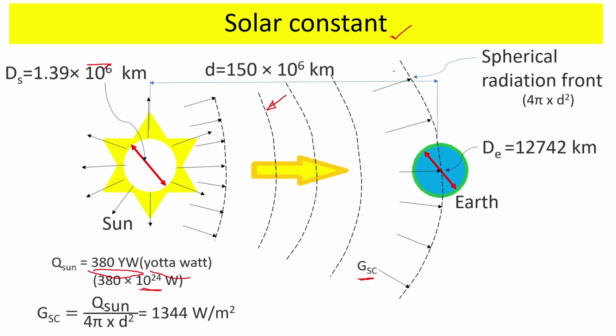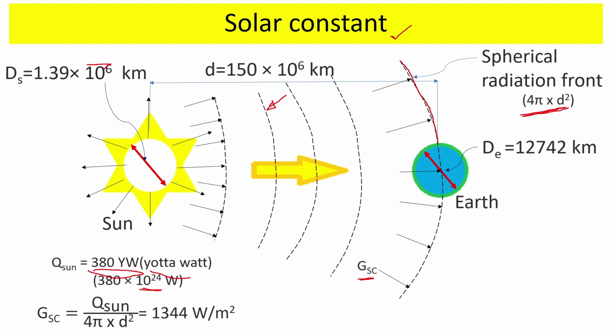The solar radiation which is coming over this spherical front, right? The solar radiation at this spherical front, and the area of this spherical front. It's a sphere. The sun is here, and the sphere surface is here. So the radius of this sphere is 150 million kilometer.